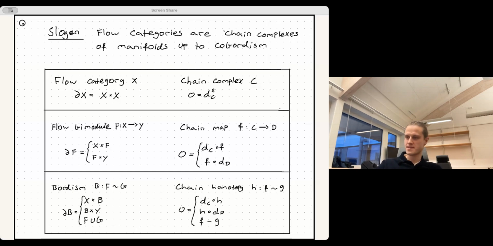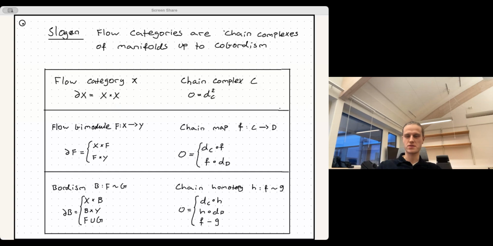A flow category X had a master equation of this type. So now I'm dropping some things here to make the notation less overloaded, but the boundary of the moduli spaces in my flow category were related to some kind of product of other spaces in the flow category.